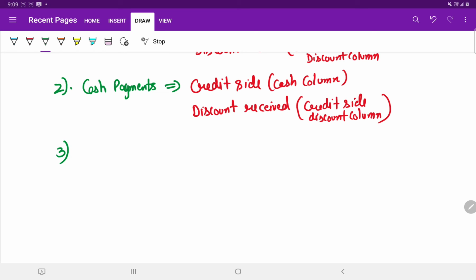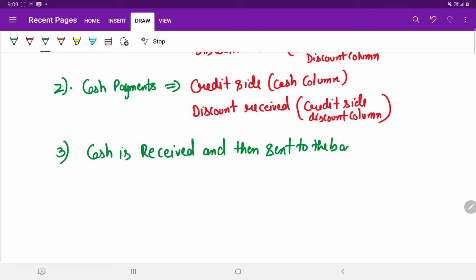Now when the cash is received and then sent to the bank for deposit, then on the debit side the bank account is debited and the cash account is credited on the credit side. So the third case is that the cash is received and then sent to the bank for deposit.